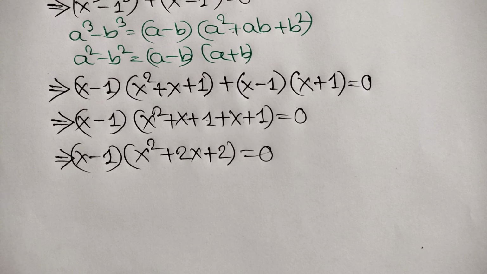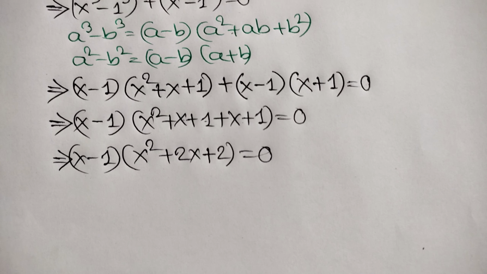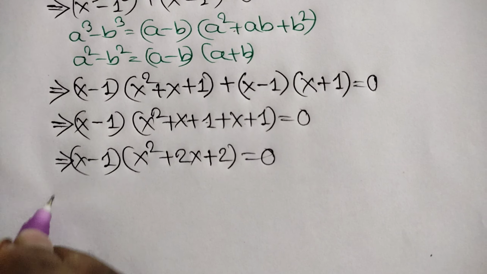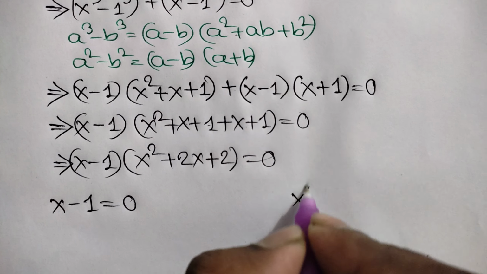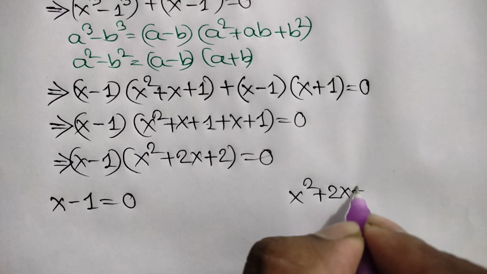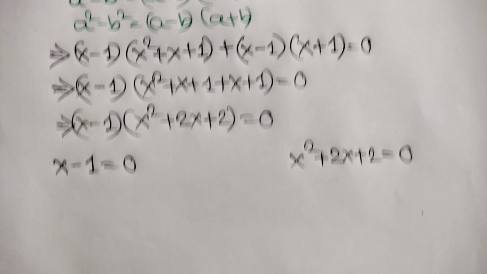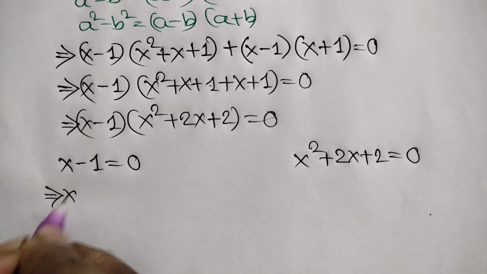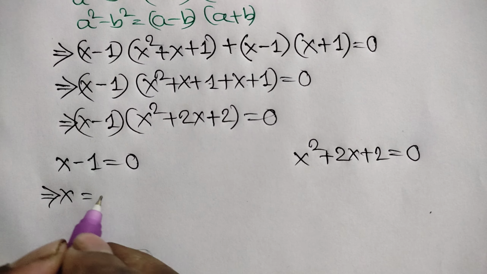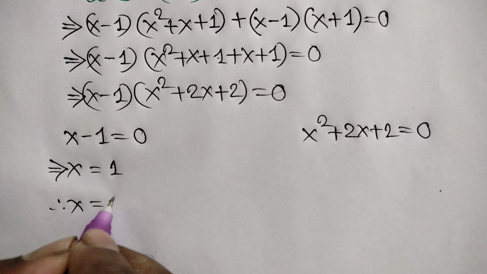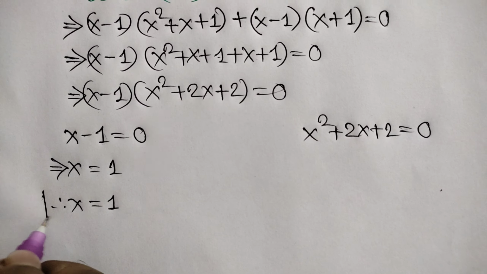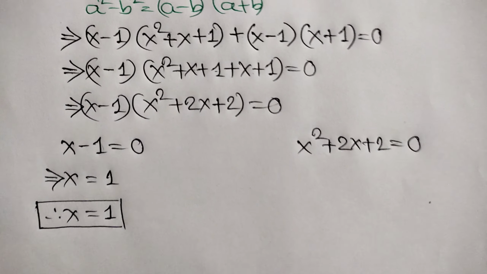Now from here we have two solutions, so we can write x minus 1 is equal to 0 and x square plus 2x plus 2 is equal to 0. Or x is equal to, taking this negative 1 to the right side we will get positive 1, so the first value of x is equal to 1 and it is a real solution.